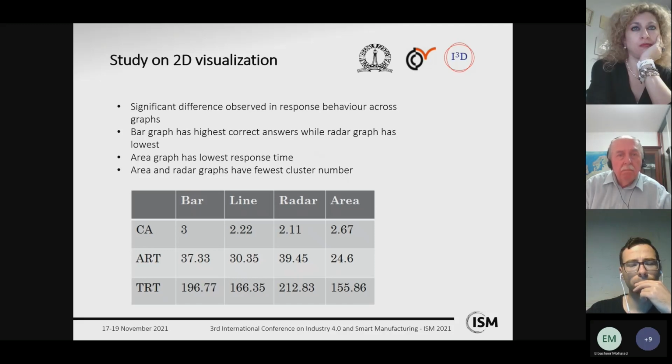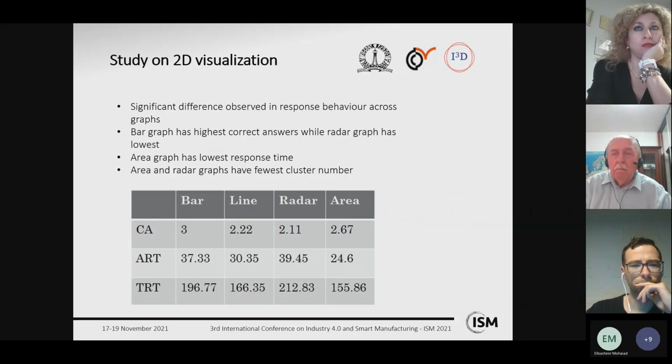Bar graph has the highest correct answers, while radar graph has the lowest. Area graph has the lowest response time, but area graph has the fewest areas, and radar graph has the fewest cluster numbers. As you can see, radar graph performed very badly out of these 4 graphs.